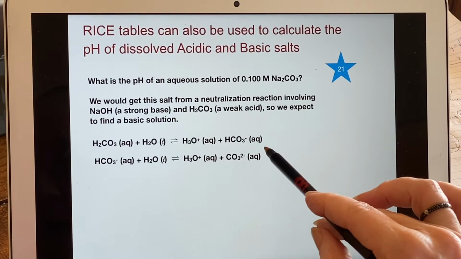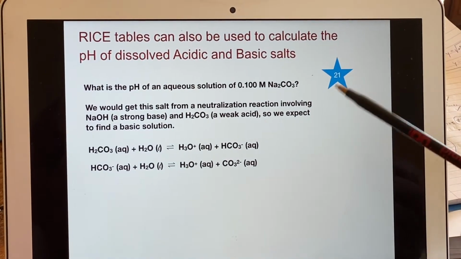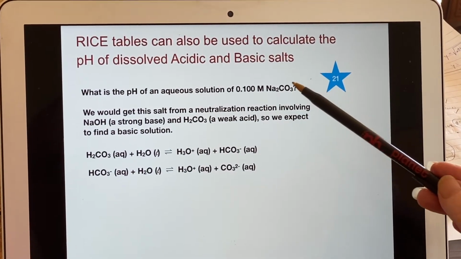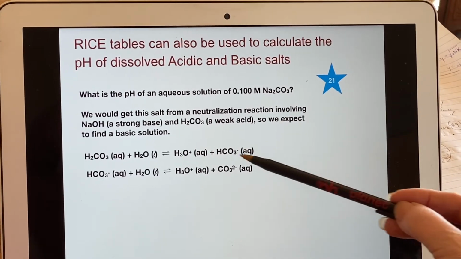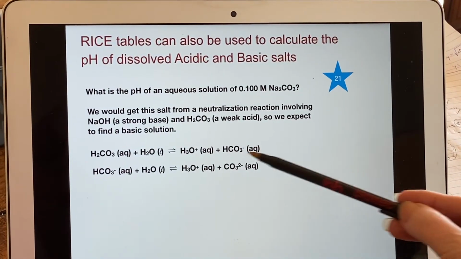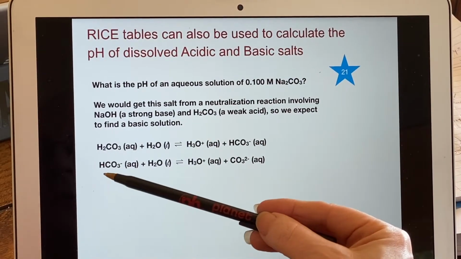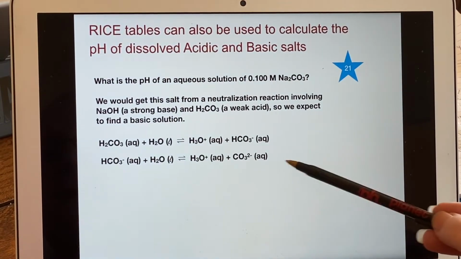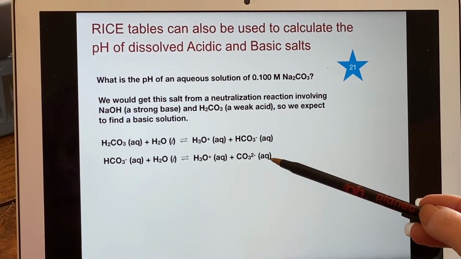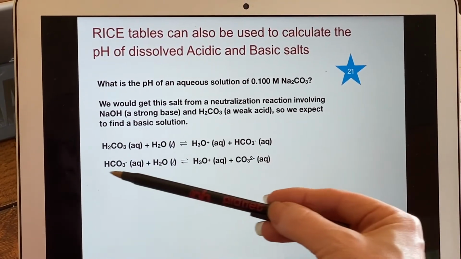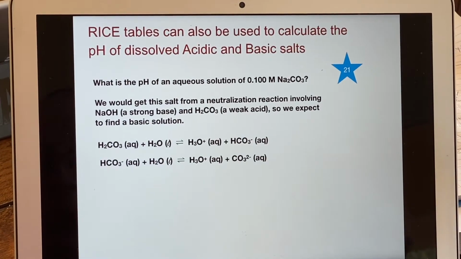We expect that when we combine this with the sodium hydroxide, this first one is going to be entirely consumed and it will all end up going to this hydrogen carbonate. And so this second one of these equilibriums is the one that we're going to use to work with.